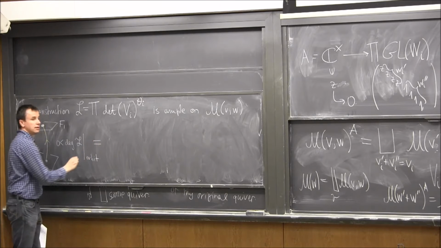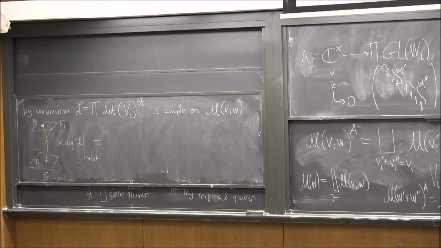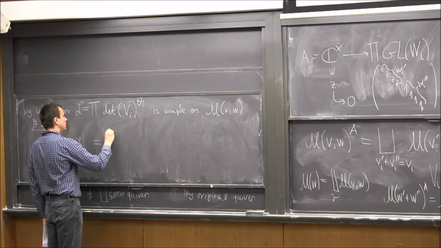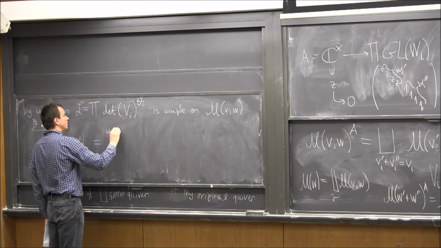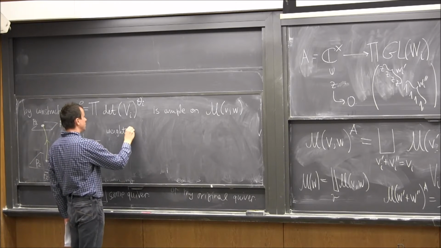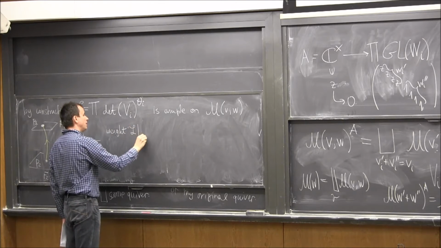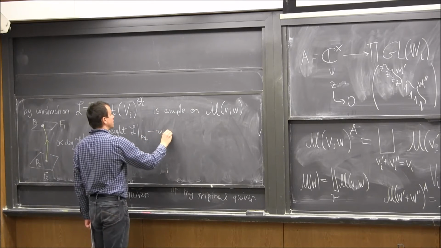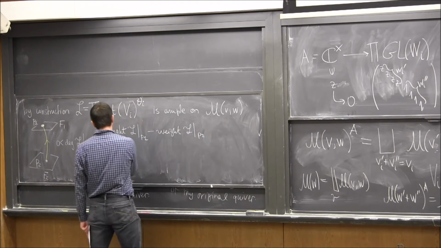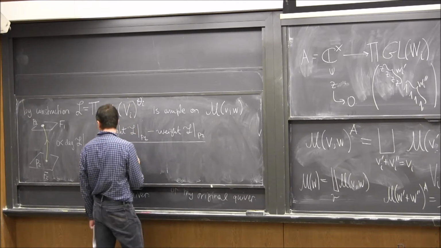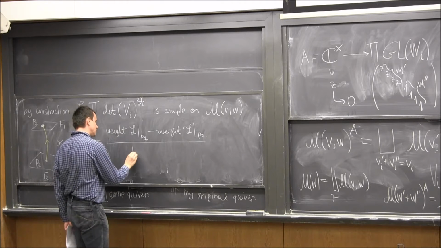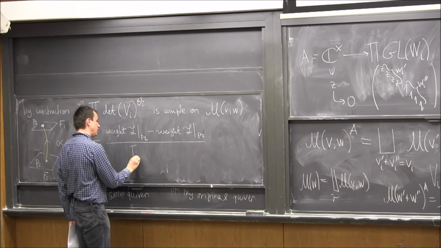And this is then, by localization, what is it? You take the weight of L at P1 minus the weight of L at P2, divided by the weight of the tangent space at P1 to the orbit.